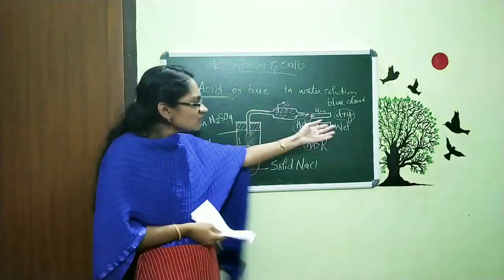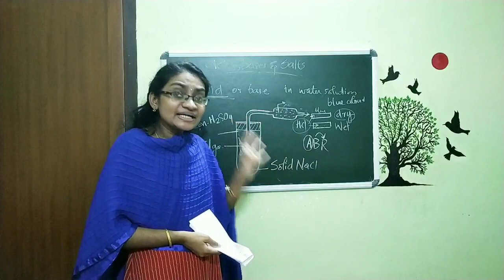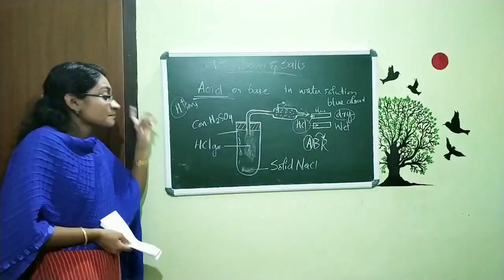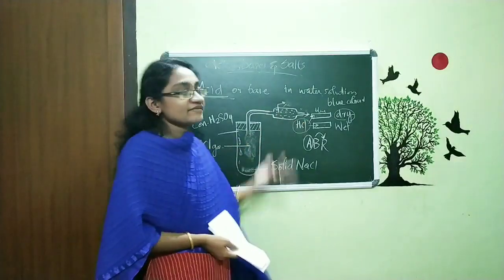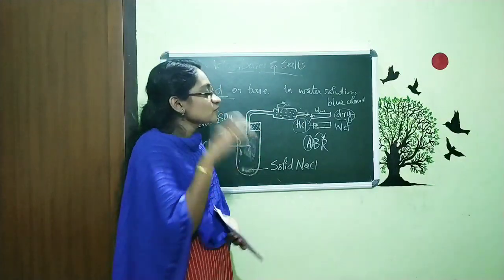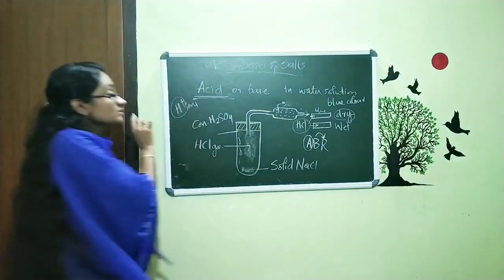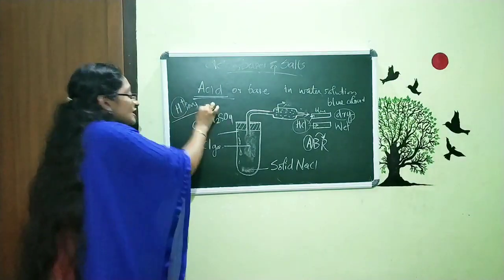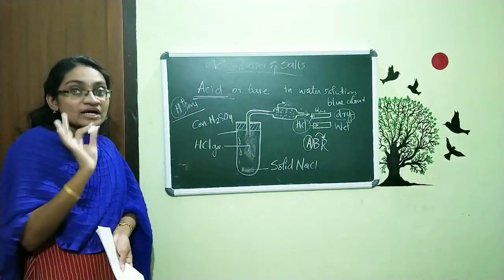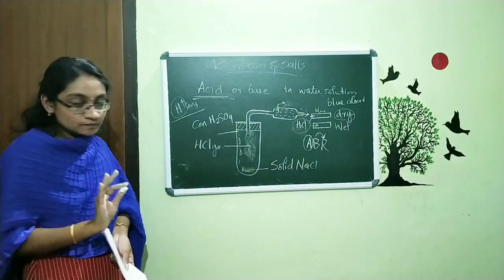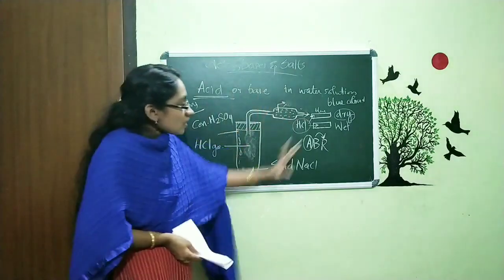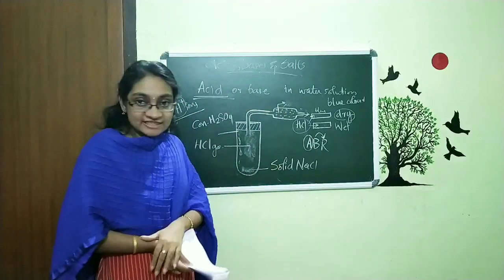If there is no water present, then it is unable to produce these H plus ions, and so it is not behaving as acid. We already said that an acid has H plus ions, and if there is no water content, then no H plus ions will form. This is the overall output of the experiment.